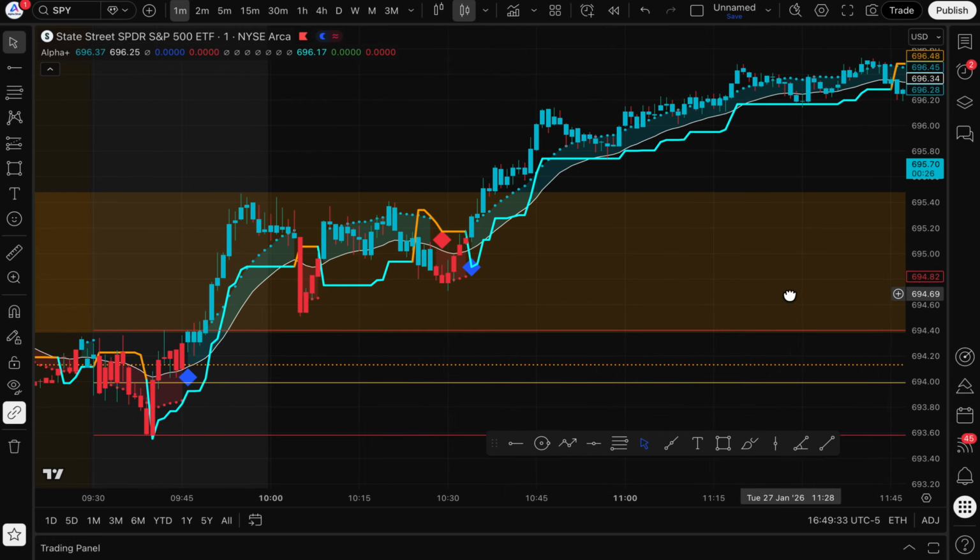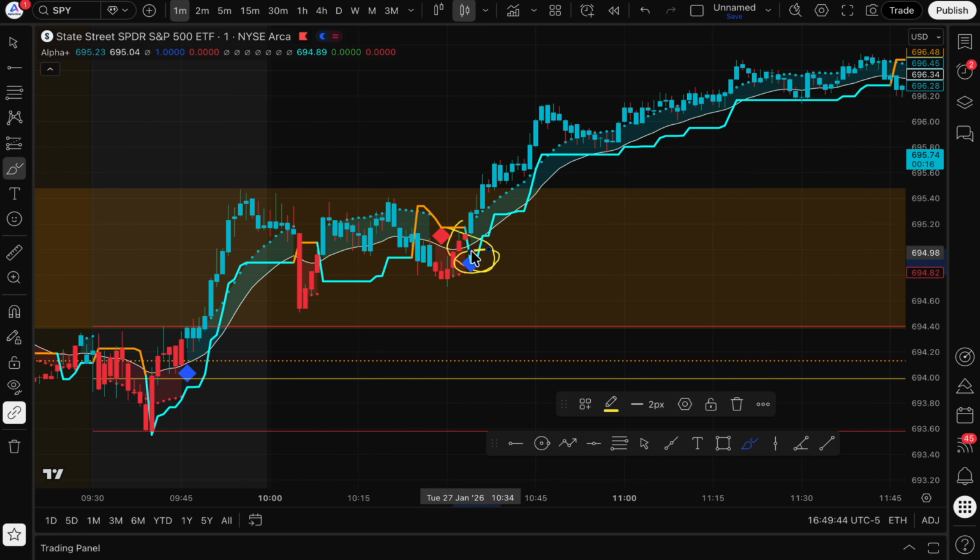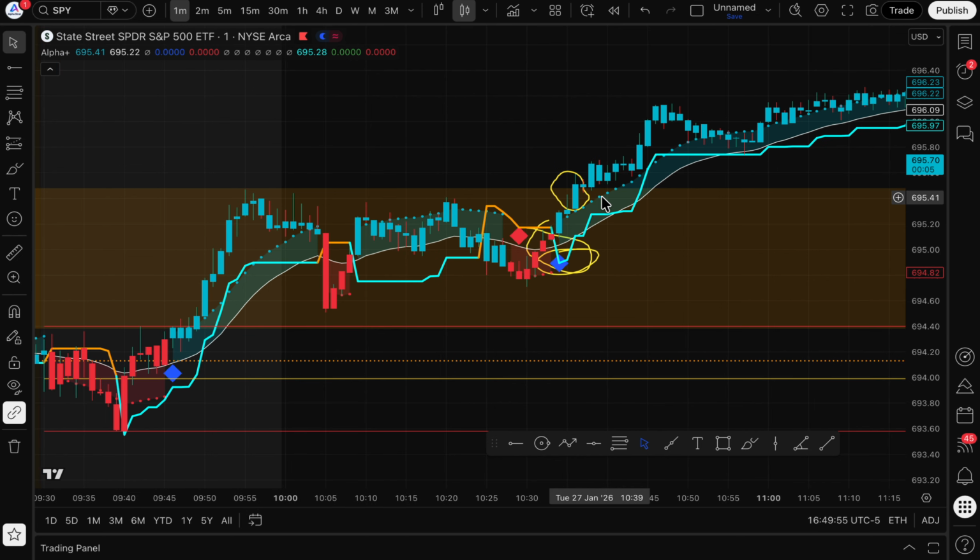What I'm looking for is confirmation before it gets there. So obviously we got this confirmation, we got this confirmation, and then this right here is where we would buy, or I would buy, if I decided to go this route.